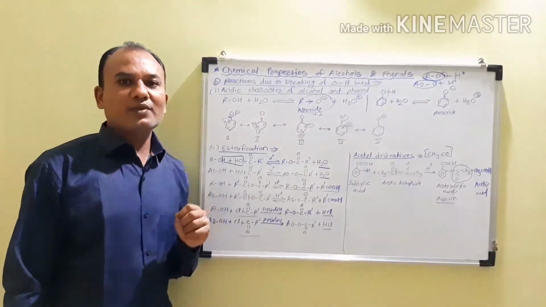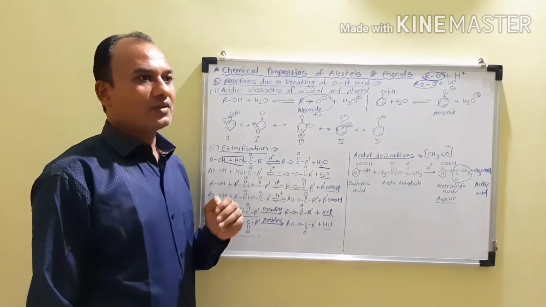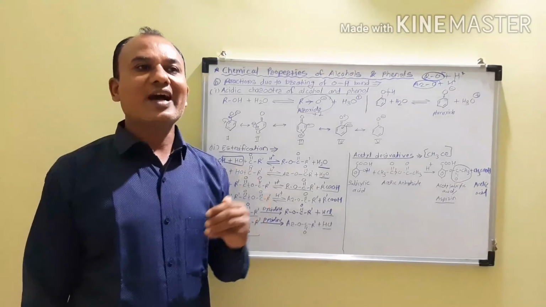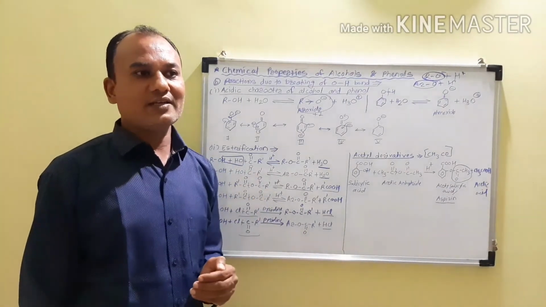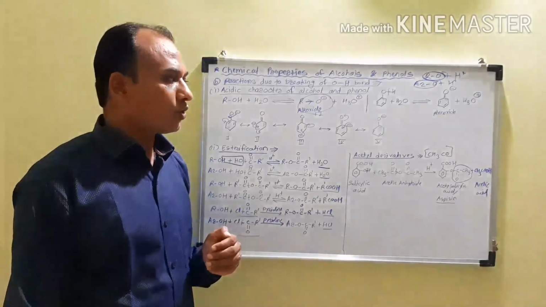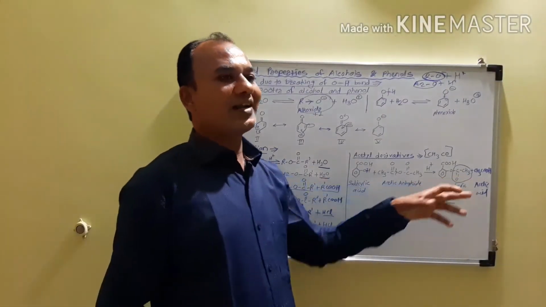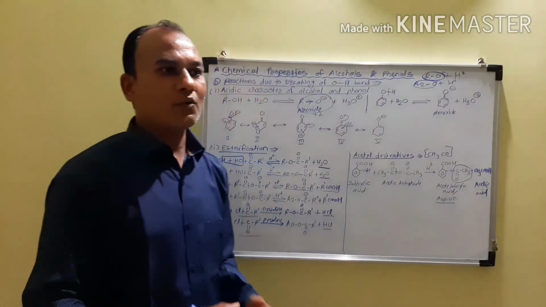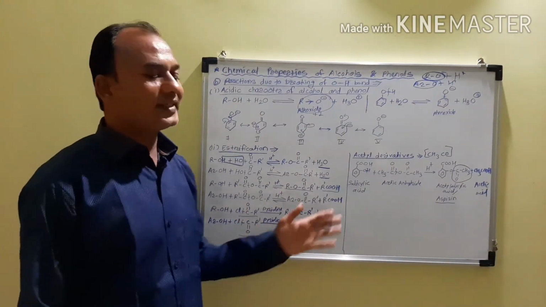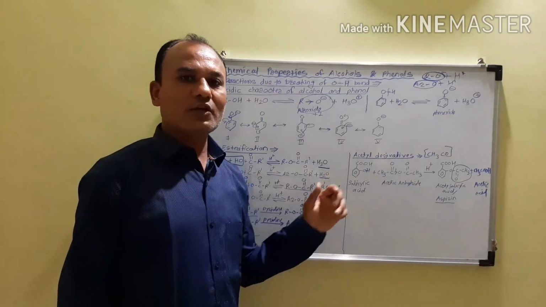Now this is one of the important methods: acetyl derivatives are used to find out how many hydroxyl groups are present in phenols or alcohols, and we can know that from how many acetyl groups are inserted in the product. By counting that, we can find out how many OH groups are present in the phenol or alcohol.